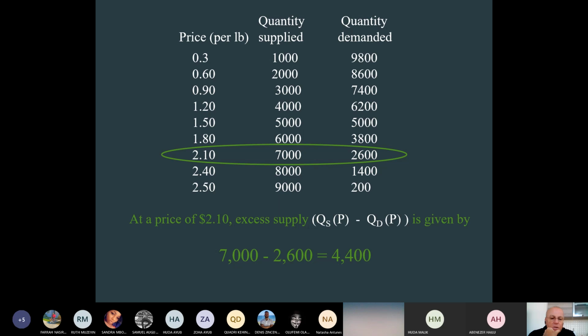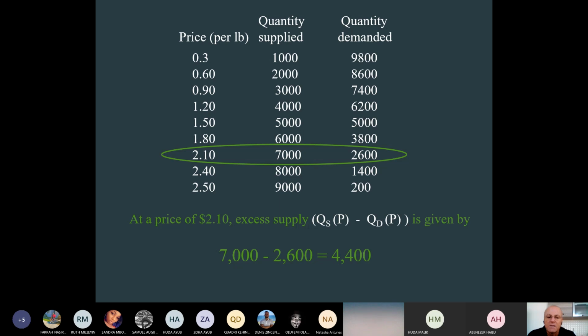At the price of 2.10, excess supply is calculated. As you see here, 7,000 minus 2,600 gives 4,400 units of excess supply, which means excessive production was realized in the market.